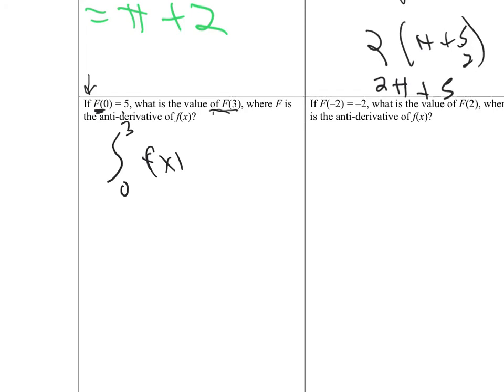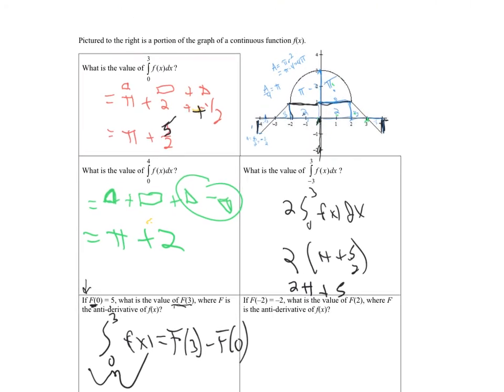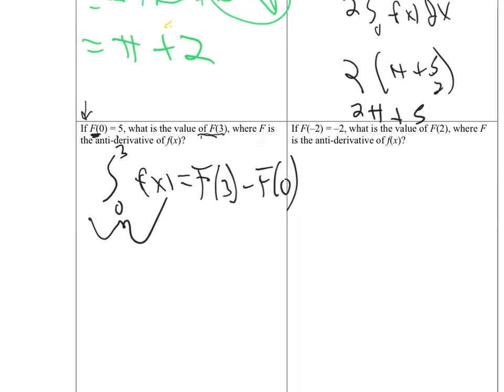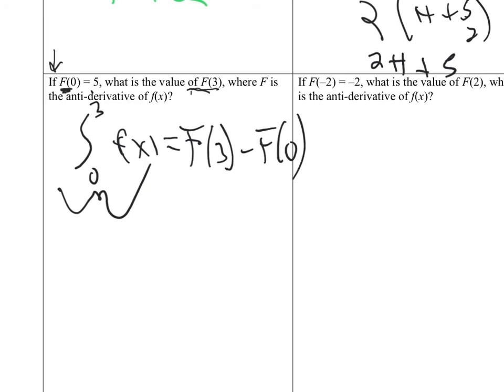We know that if we apply the rules of the antiderivative, it's the antiderivative at 3 minus the antiderivative evaluated at 0. Well, we already did this answer. It was right up here. And it was the area, all that area. So we did it already. So that stood for pi plus 5/2.